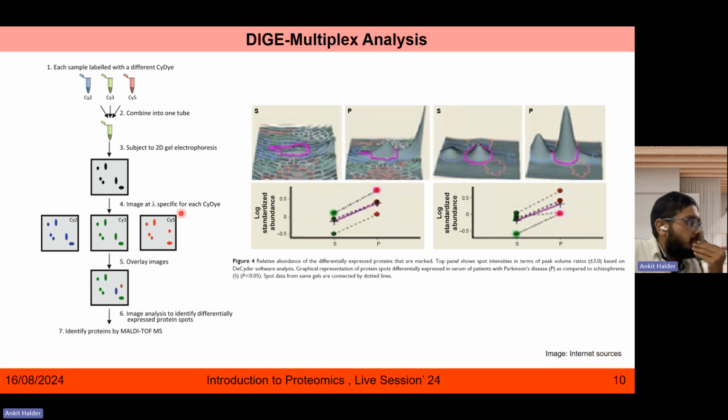This helps us get the image at the wavelength specific for each Cy dye, and then we overlay the images. This image analysis helps to identify the differentially expressed protein spots, and finally you can identify those proteins through different techniques.